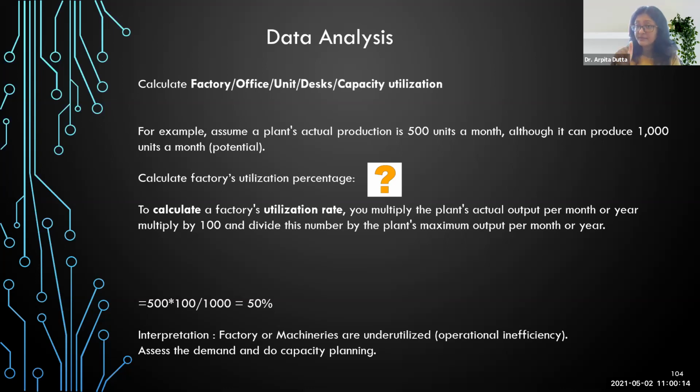Again, you see the span, time, 1 month, in both the cases. Calculate the factory's utilization percentage. To calculate factory's utilization percentage, this is the formula. Actual divided by potential into 100 because it's percent. So 500 by 1,000 into 100, which is 50% only is being utilized.